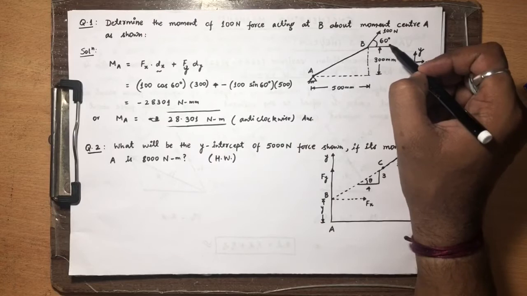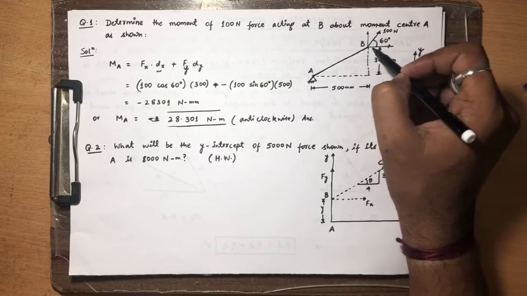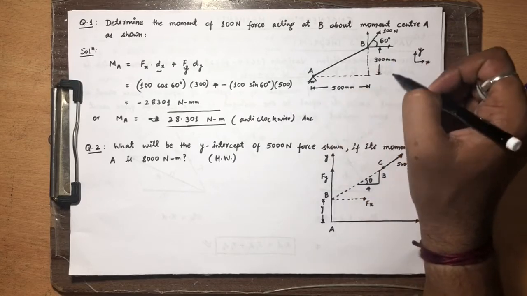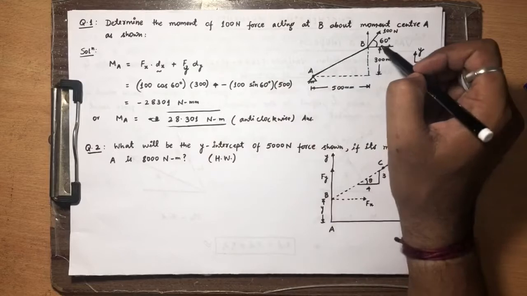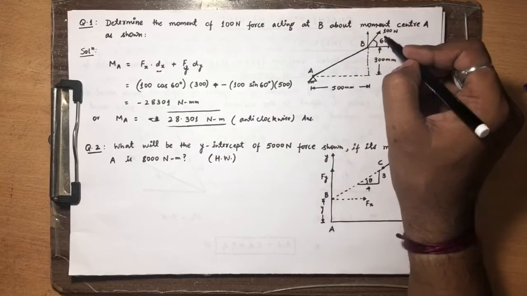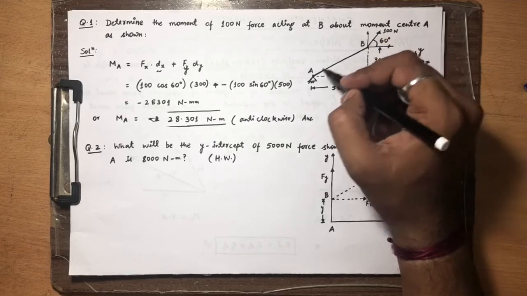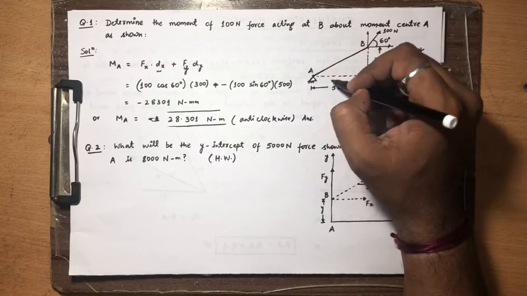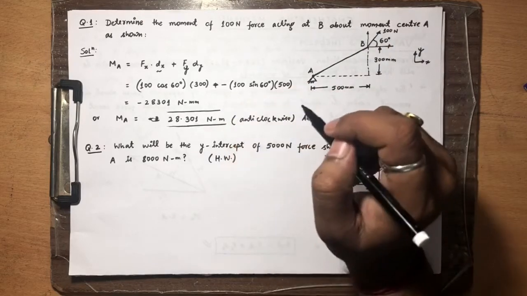The force is in this direction, the point is here, so this is clockwise. So this is positive. But what about the y component? 100 sin 60 is in this direction. The point is here, so we will move like this. So this is anti-clockwise. That's why here it is taken as negative.